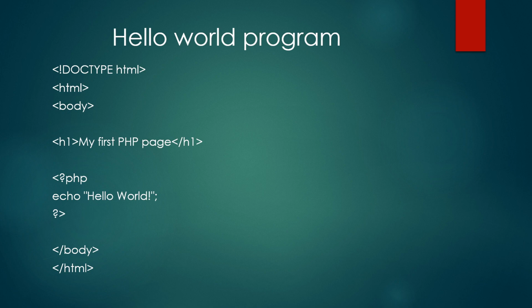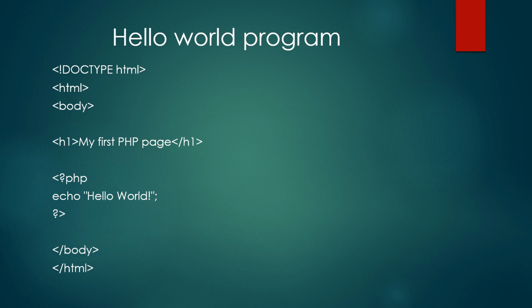So in this case, when we execute this program, we will be able to see hello world on the screen. So here we have only one line of PHP code and then we have closed the body tag and HTML. So let's now quickly run this program and let's see whether our code is working perfectly or not.